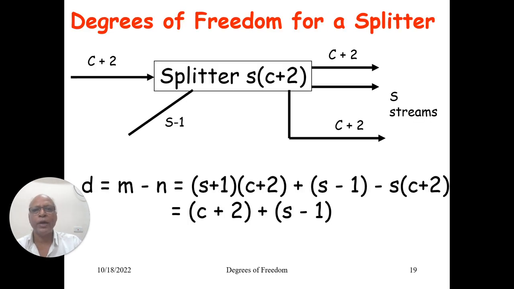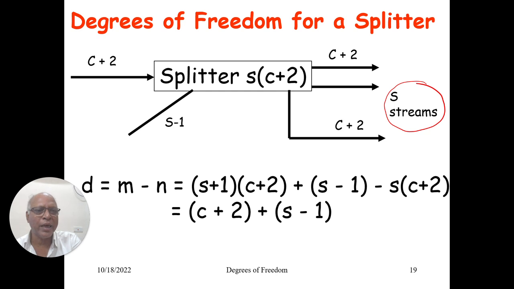So for a splitter, you can see a splitter, unlike the case of a mixer, will be able to divide one input stream into any number of output streams. Let us consider S number of output streams. S could be minimum 2 to any number. Now, if there are S streams, the degrees of freedom associated with each of these streams is C plus 2.